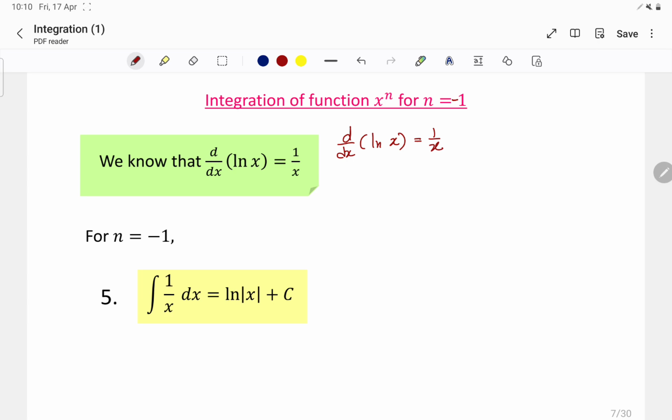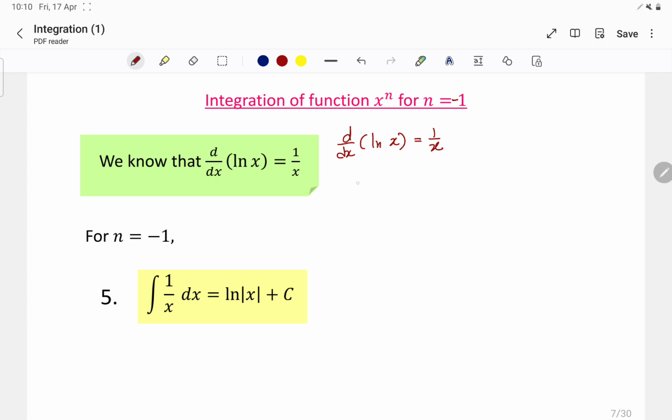Remember that the definition of integration is a reverse process of differentiation. So when you differentiate ln x, you're going to get 1 over x. When you integrate 1 over x, you're going to go back to ln x.